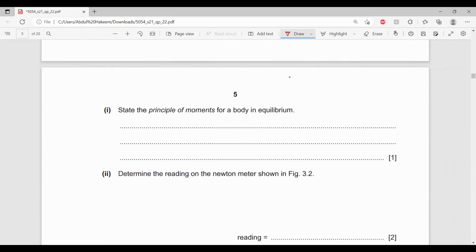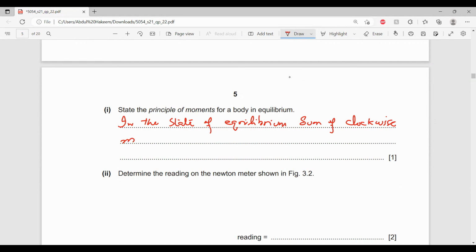So principle of moments. First we have to write the state of equilibrium. Sum of clockwise moments is exactly equal to sum of anti-clockwise moments.